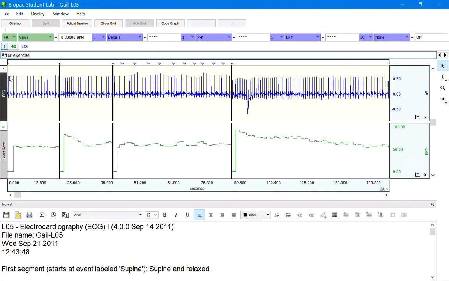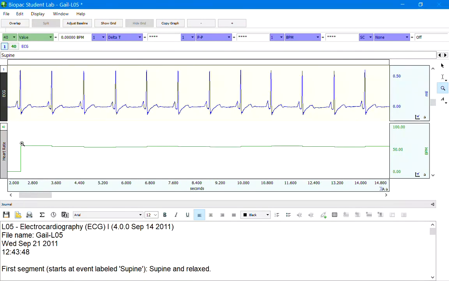So if I was to look at these first couple complexes, you'll notice that the Biopac hasn't started to pick up heart rate yet. That means when I go to do my analysis, let's say of my supine data, I'm going to want to zoom in on this middle set of data, because if I use this first part, I'm going to get some incorrect or erroneous values.